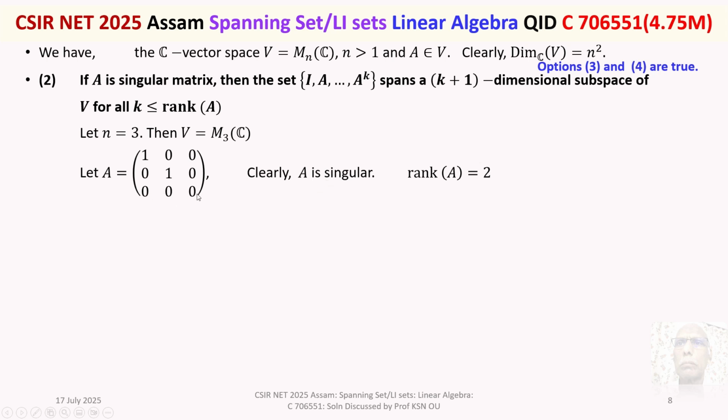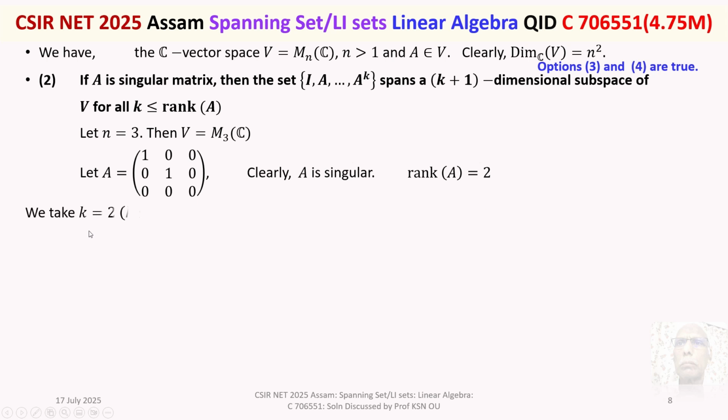Because the third row is a 0 row. Therefore, its determinant will be 0. Therefore, it is singular. And the rank of A is 2. It's very clear. It's in the row reduced echelon form, and we have 2 non-zero rows in this. Therefore, the rank of A is equal to 2.